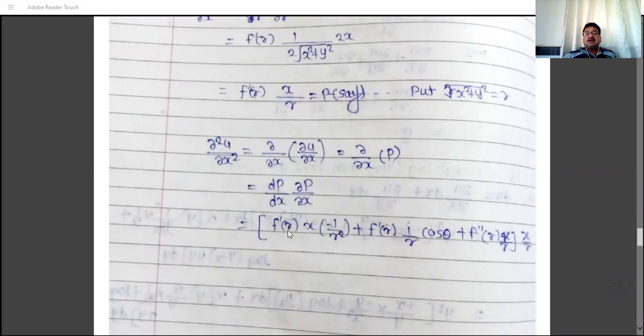So first f dash r, here ∂p/∂r is what? F dash r, minus x, 1 by r derivative is minus 1 by r square. Then f dash r and x are constant.